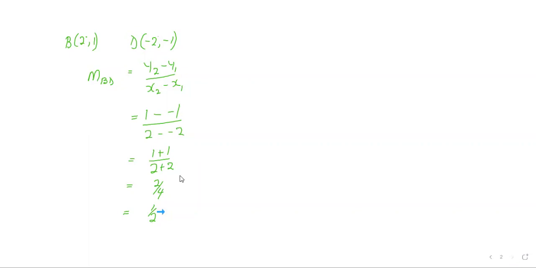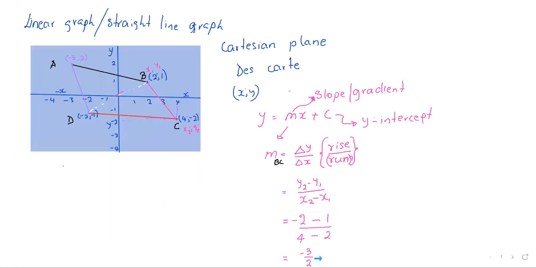So we have the two slopes. One slope is positive, the other slope is negative. We say a negative slope depicts a decreasing function. A negative slope comes from a decreasing function.